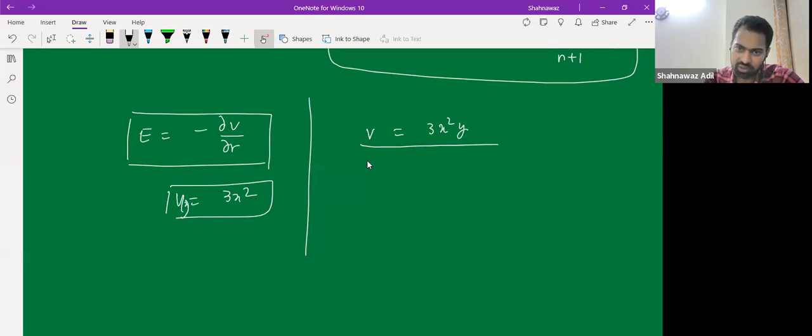One would be Ex. You guys calculate and tell me what is the answer. Quickly calculate and tell me what is Ex, Ey, and Ez, and write it in the chat box, guys.